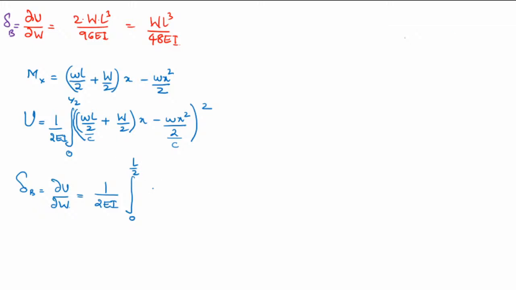So differentiating this, we will get wL by 2 times w by 2 into x minus w x square by 2, whole square. This will go down, and this is constant. Differentiation of this will be 0.